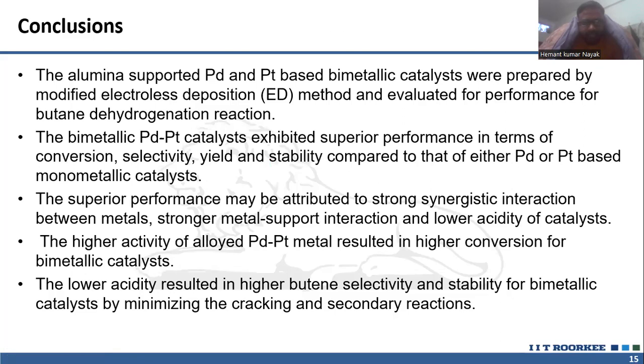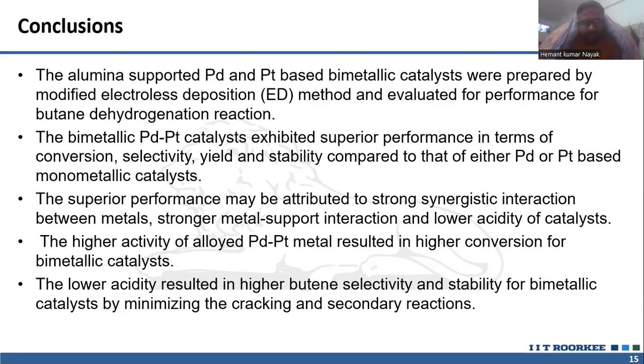So these are the conclusions. The alumina supported palladium platinum based bimetallic catalysts were prepared by the modified electroless deposition method and evaluated for performance in the butane dehydrogenation reaction. The bimetallic palladium platinum catalyst exhibited superior performance in terms of conversion, selectivity, yield, and stability compared to palladium or platinum based monometallic catalysts.